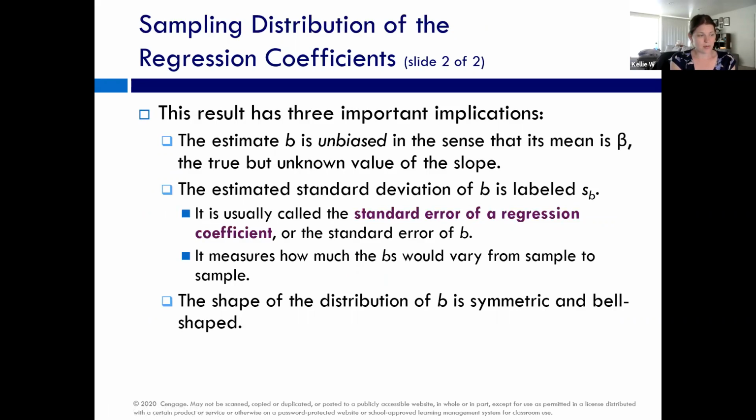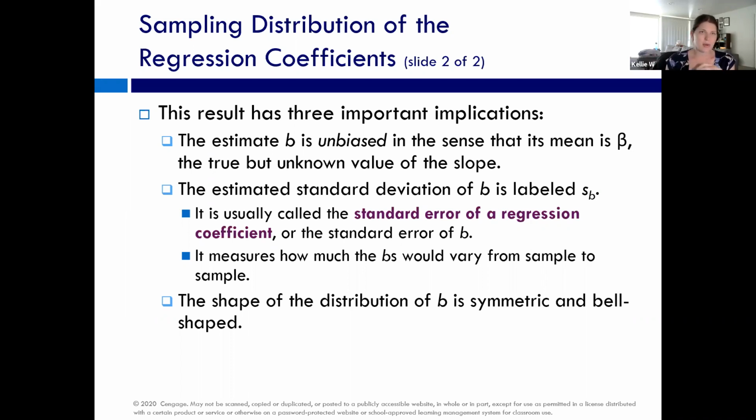So what this is saying is that our estimate B is unbiased, meaning that there's some true but unknown value of the slope, and that the standard deviation of the slope is labeled S sub B, and we call this the standard error of the regression coefficient, and it measures how much the different slopes would vary from sample to sample.